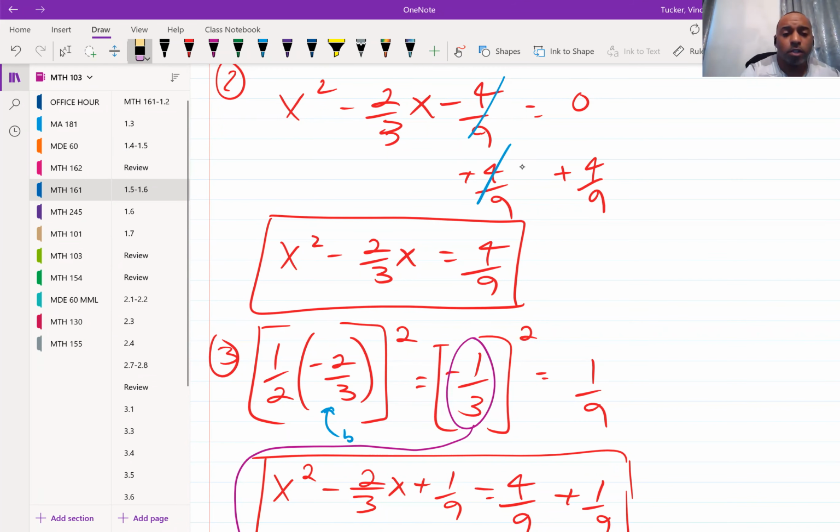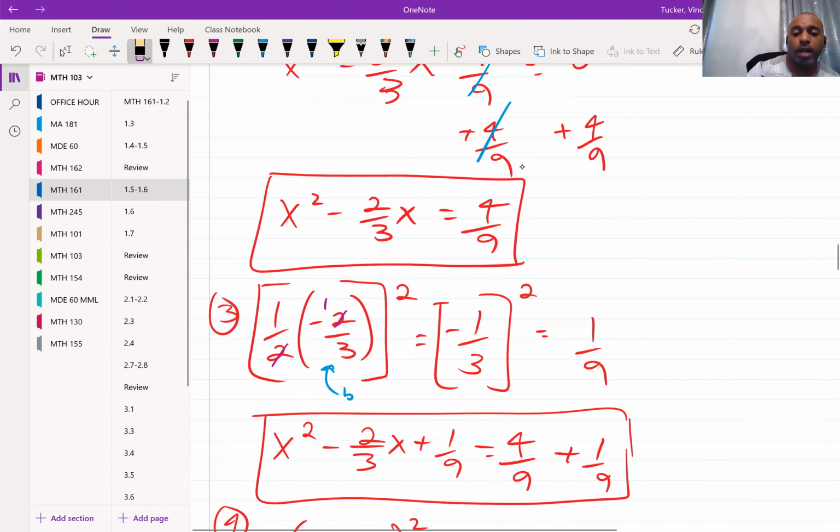All right. So 1/2 times negative 2/3. You can go ahead and cancel out those 2's. And so that'll give you negative 1/3. And then squaring negative 1/3 is 1/9. No, negative 1 squared is positive 1, and then 3 times 3 is 9. So that's 1/9.